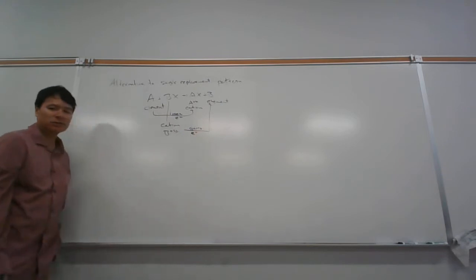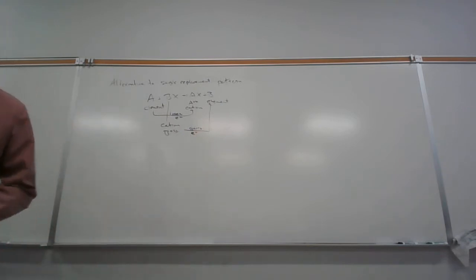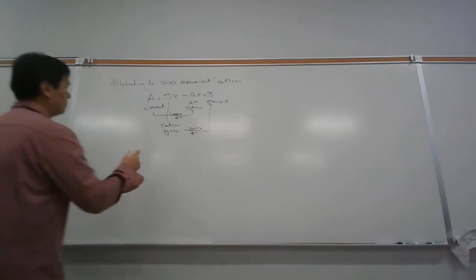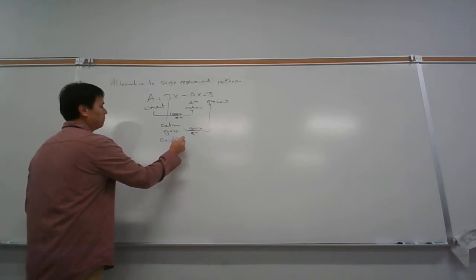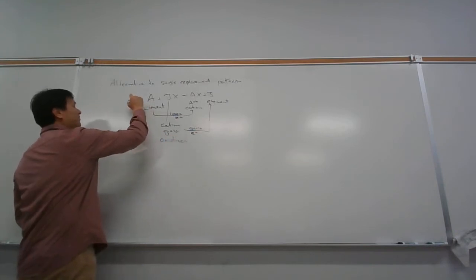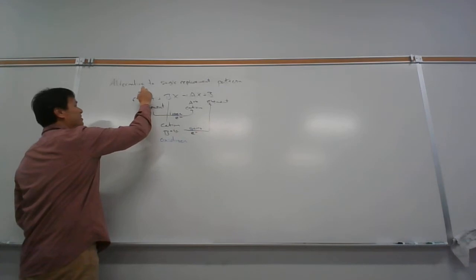If something gains or takes electrons, we call that the oxidizer. So B plus Y is the oxidizer. Oxidizers take electrons. And A is what we call the reducer. The reducer loses electrons.